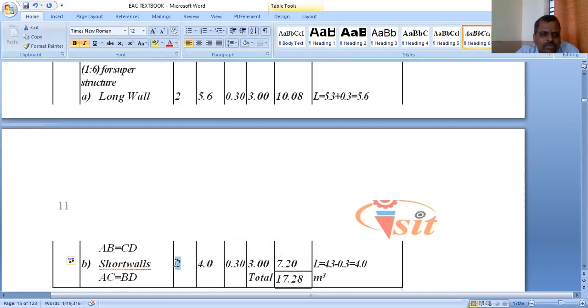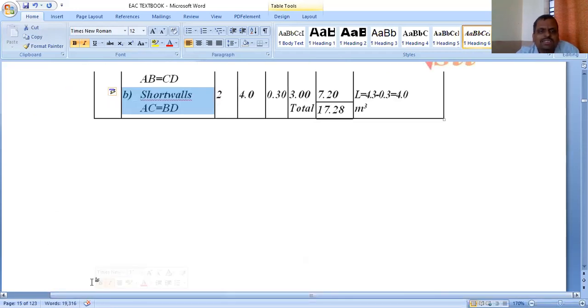The number is taken as 2 because there are two short walls, AC and BD. Next, what you have to do is take the width or breadth of the short wall.